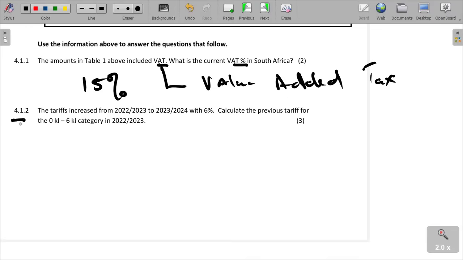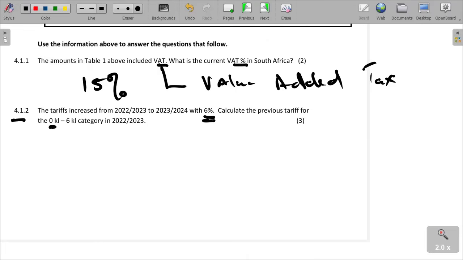The next question is saying the tariffs increased from 2022-2023 to 2023-2024. Calculate the previous tariffs for the same kiloliters in the category of 0 kiloliters. So what is happening here? The tariffs increased by 6%.